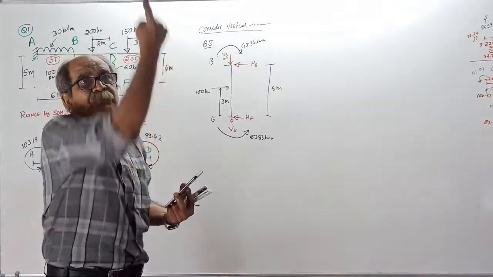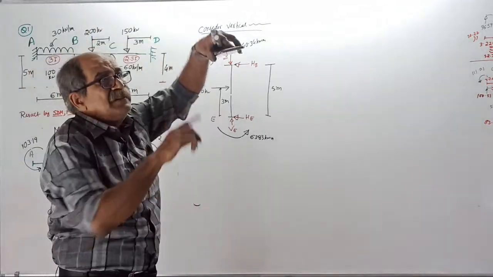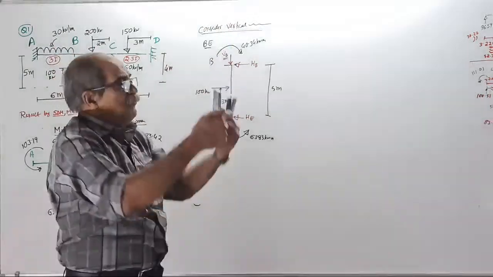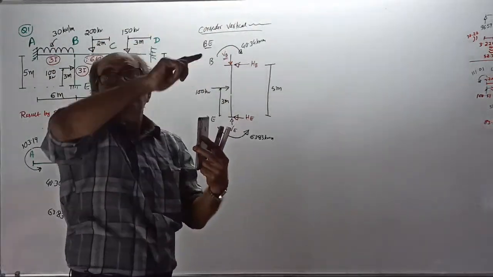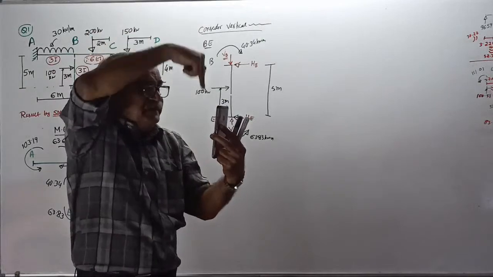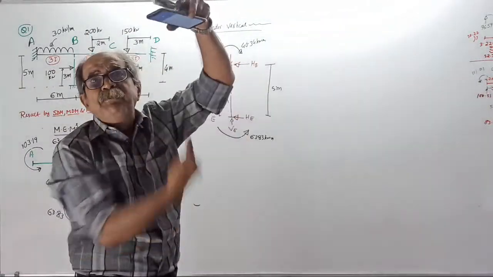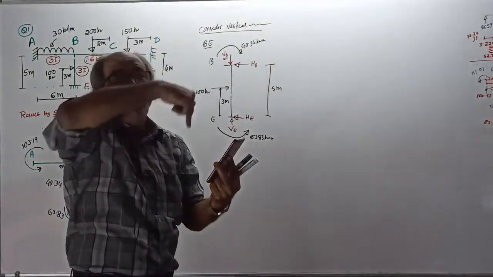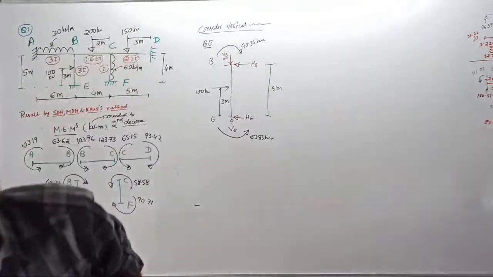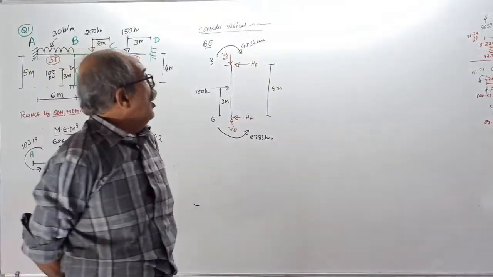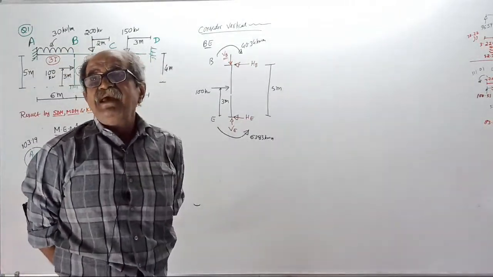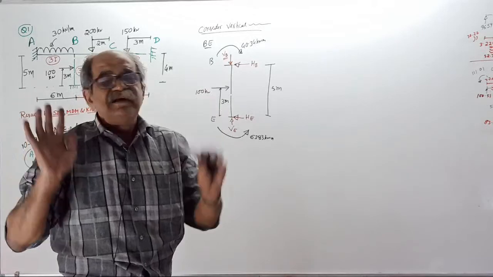If that is upward for the beam, for the column it will be in the opposite direction. Action, reaction. For the beam, it will be upward. For the column, it will be downward. Okay. Those who are in the BSK group or in my regular group understand.